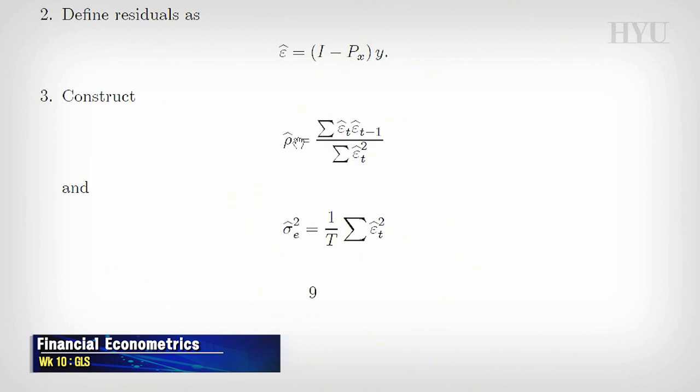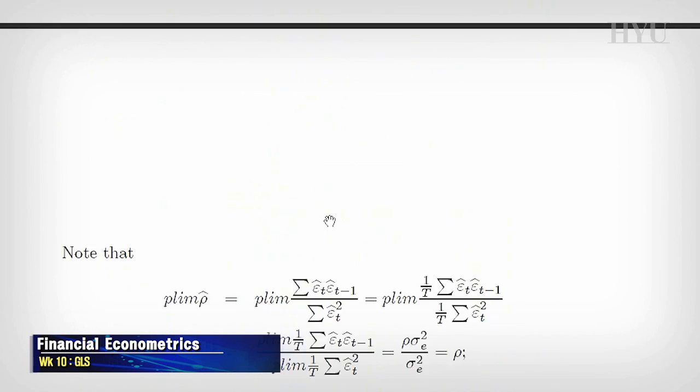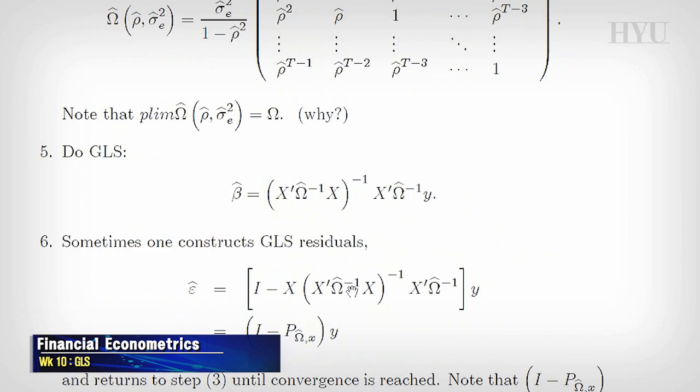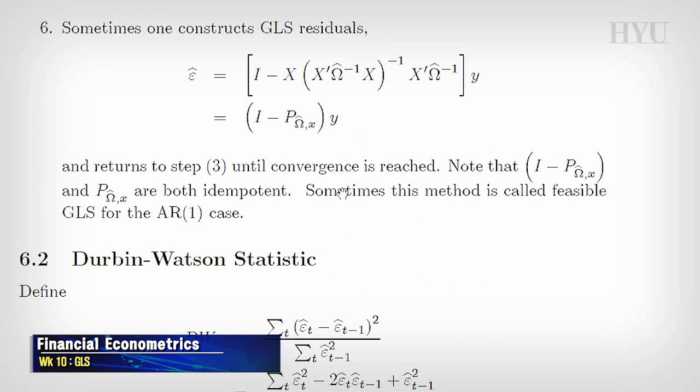And from the new error term, we go to step 3. We can calculate this one and this one again, and go through this step again. Some people iterate, and this procedure is called feasible GLS for the AR application. But people rarely do this iterated feasible GLS, although some people found that iteration is actually better than a one-time regression.